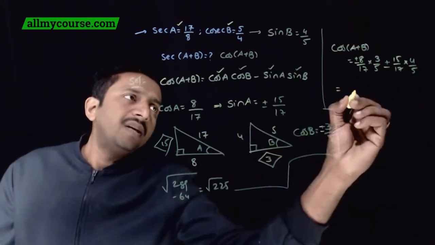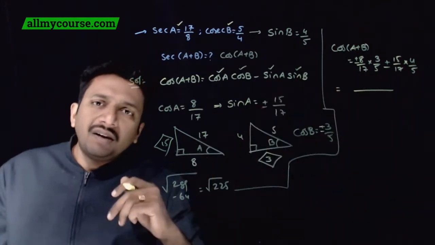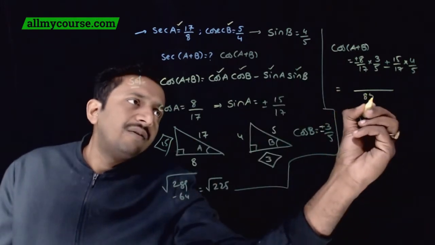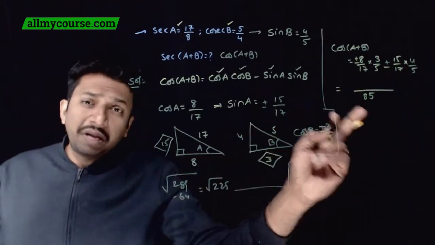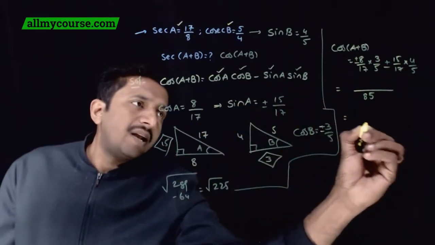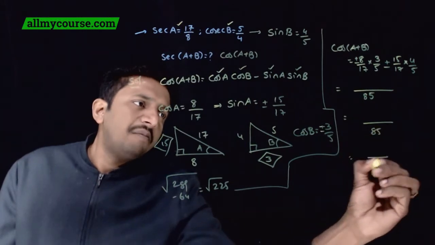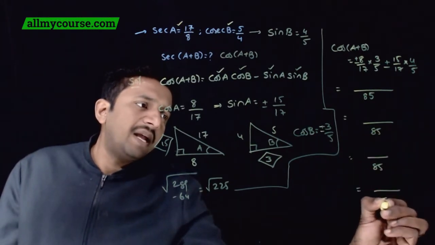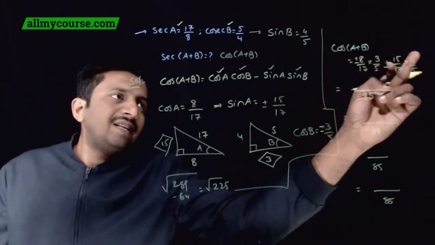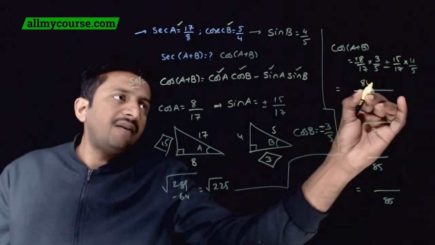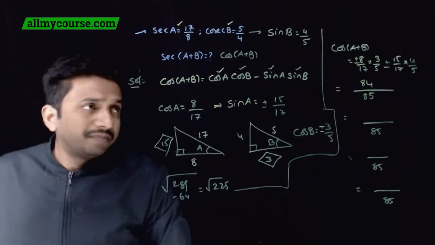So in the denominator you have 17 into 5, which is 85. In the numerator you can have 4 different values. So first, if I take both positive, you get 60 plus 24, you get 84 by 85, which is okay.